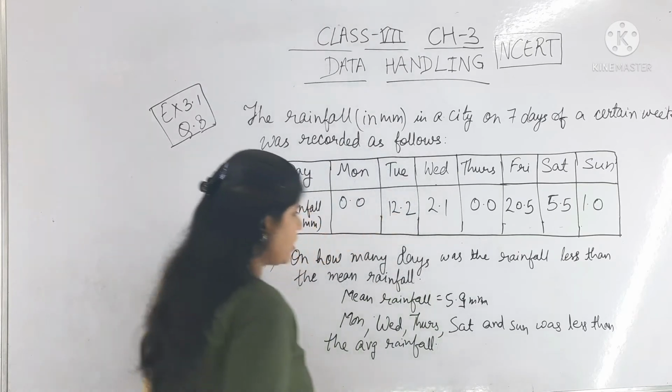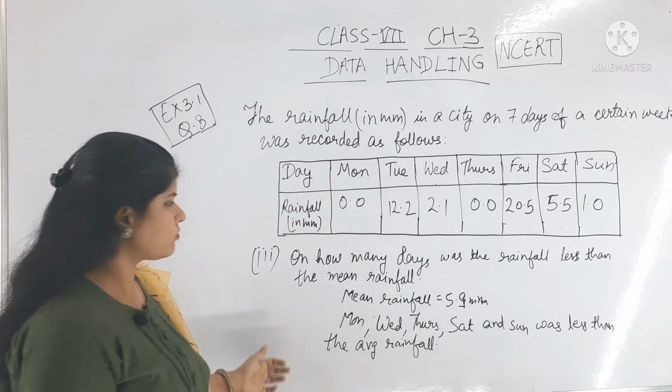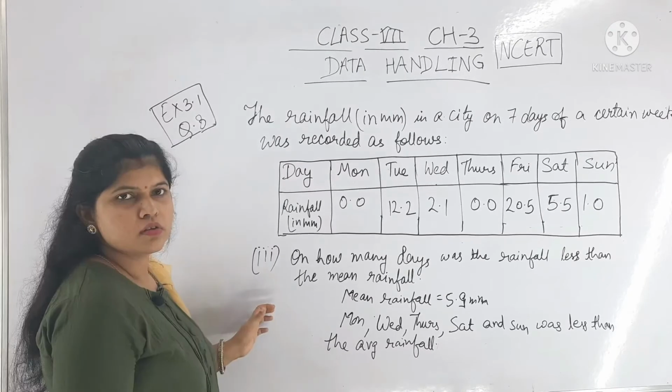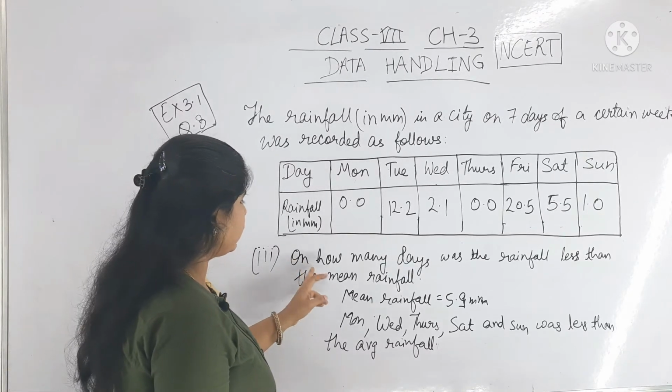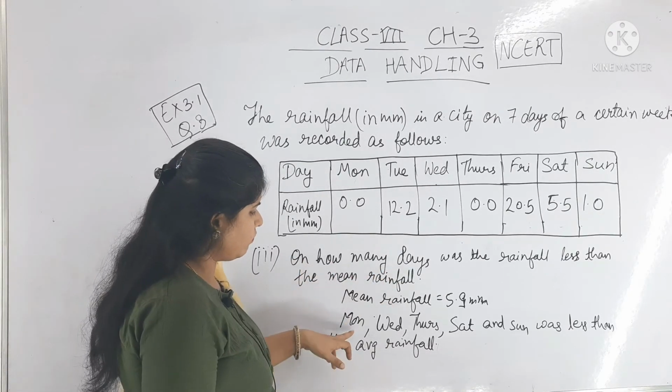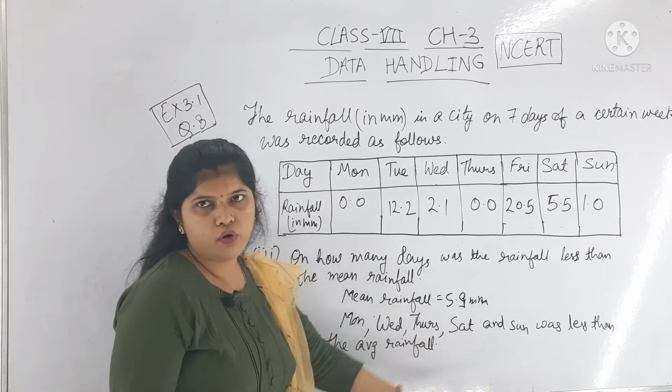So this is the answer for the third part. It is written that on how many days? So 1, 2, 3, 4, 5, on 5 days.